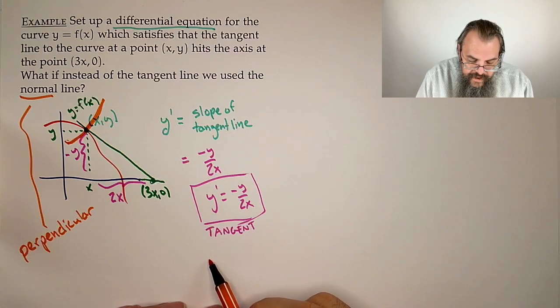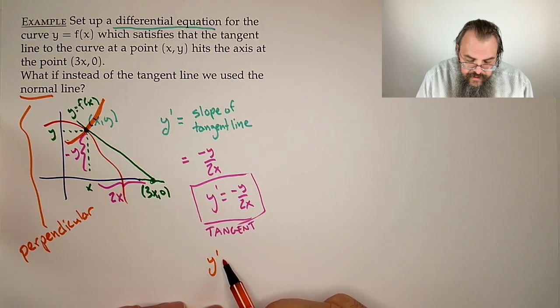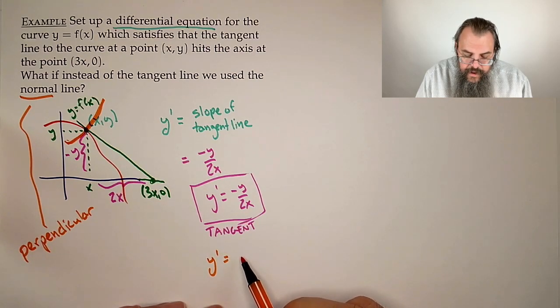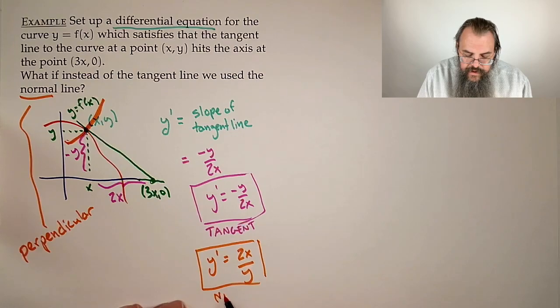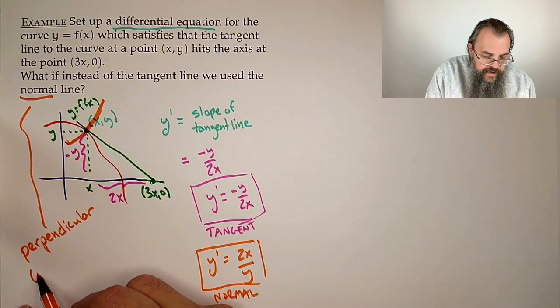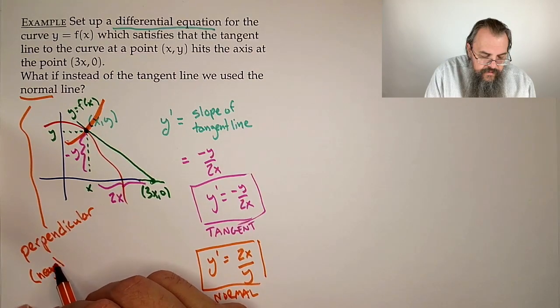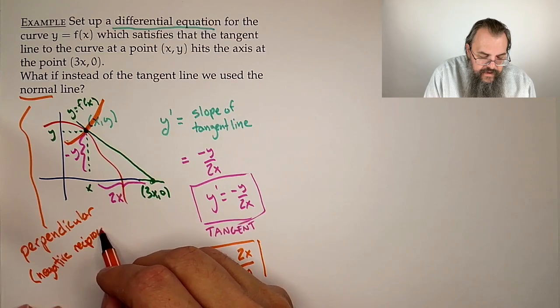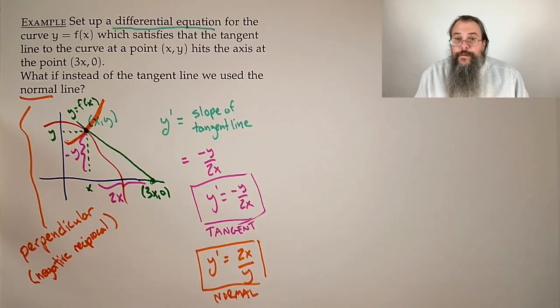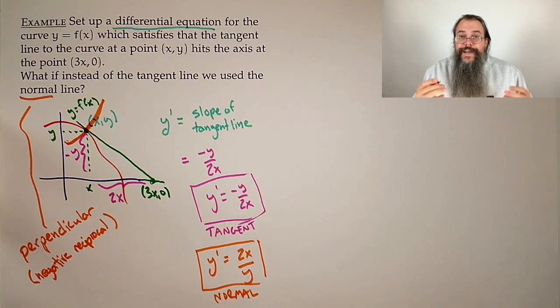So we need to have our derivative be 2x over y. And there we go. There's the normal. Okay, so we'll make some note here. This is negative reciprocals. Good. And we're done with the problem, right?